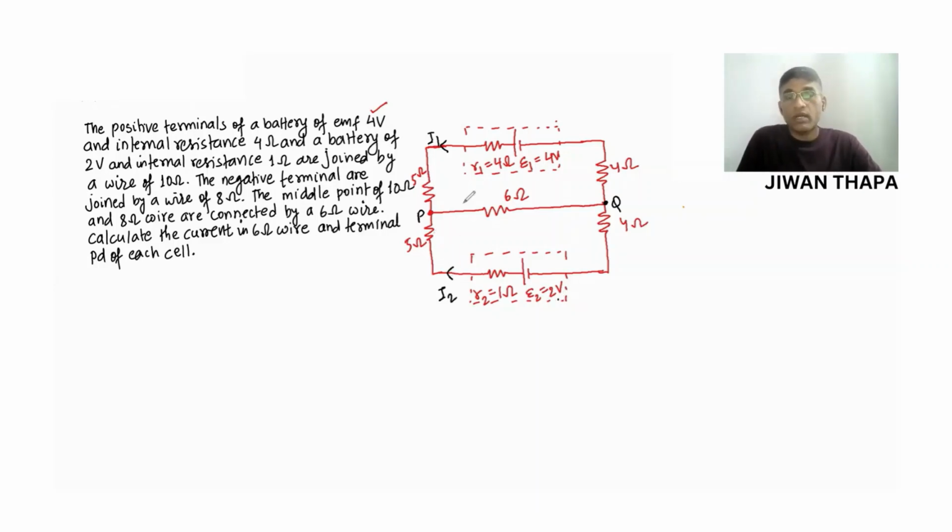So we have this. Now we are going to find the current in the arm or branch PQ of the circuit. And in order to solve this numerical problem, we use Kirchhoff's laws. So we know there are two laws. One is Kirchhoff's first law, also called Kirchhoff's current law, and this is applied at a junction.